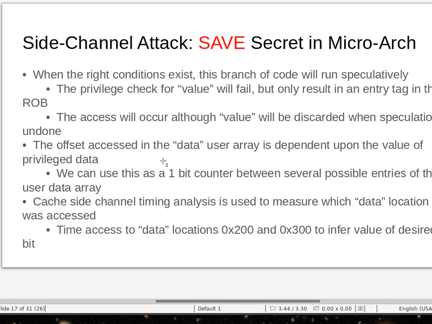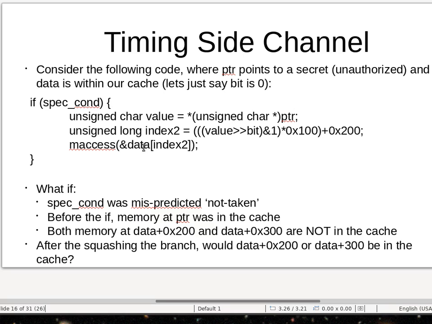So the offset of accessing the data is dependent on the value of the privileged data. In other words, this we have access to. We are allowed to know if that value is there. Since this is executing speculatively, this will be read in, and with index 2, we are basically reading 1 bit from this pointer and storing a 1 if it's in there and a 0 if it's not, and then writing it to a piece of memory that we do have access to.